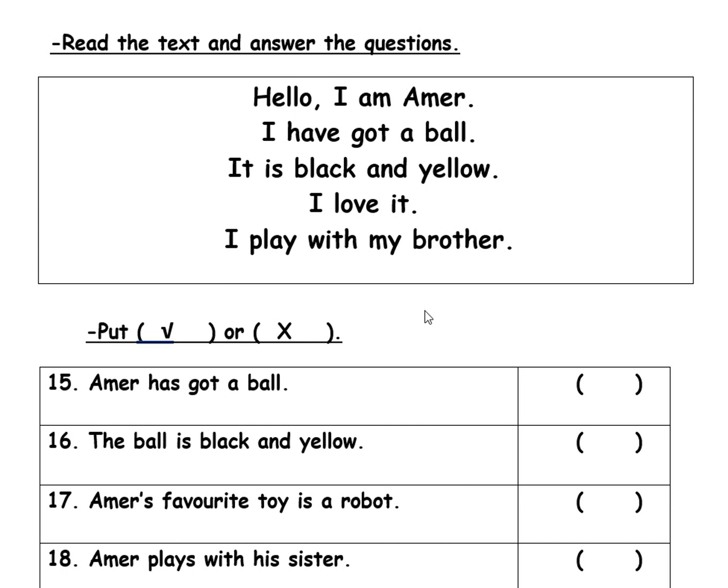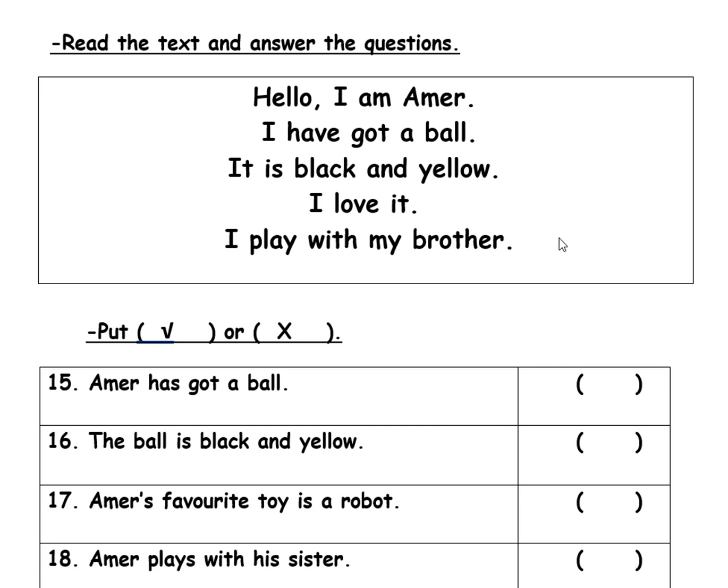So you have to put this sign, tick or X. Let's read the text. Hello, I am Amir. I have got a ball. It is black and yellow. I love it. I play with my brother.